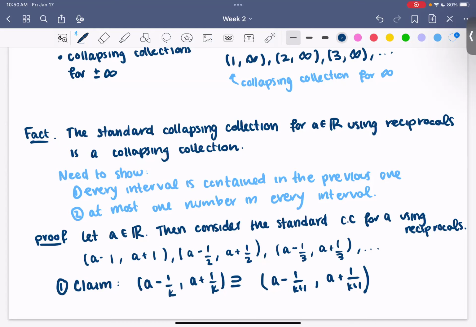Because if this is true, then every interval is contained in the previous one. Basically we're taking an arbitrary interval and the one after it and comparing them. So if we argue that this is true, then it follows that every interval is contained in the previous one.